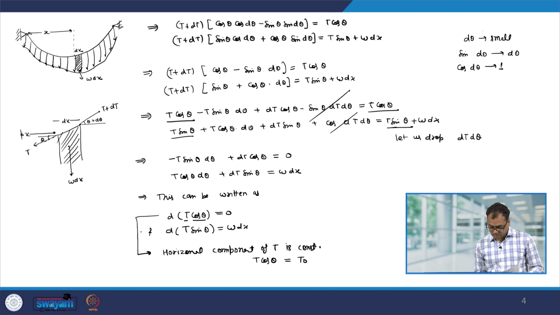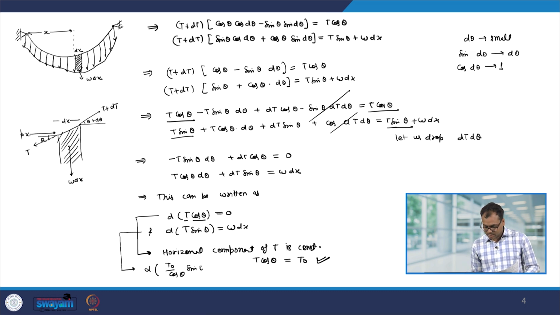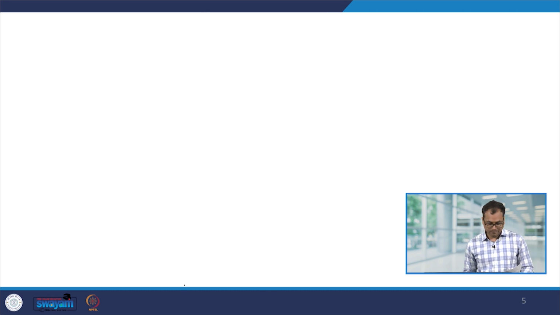Now, let us look at this equation. This equation tells me that I can replace t by t naught over cos theta from here, and then we have sin theta over cos theta, which is tan theta. So, therefore, I can write it down as d(t naught tan theta) equal to w dx, but we know that tan theta is nothing but slope.